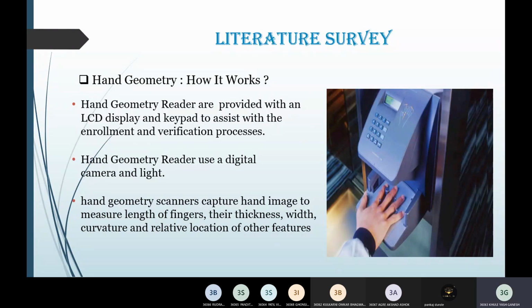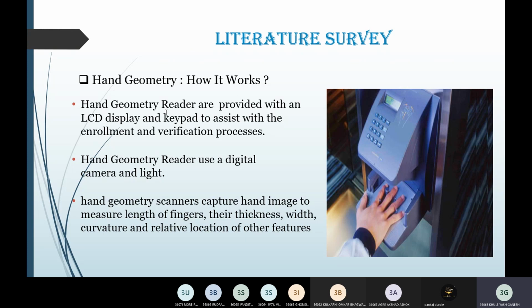Hand geometry, how it works. Basically, hand geometry works when the hand is placed on the LCD screen, and under the screen there are cameras which take pictures. They record the curvature and thickness or width of the hand, and after capturing the images they pass the data to the backend and compare it with the stored data.